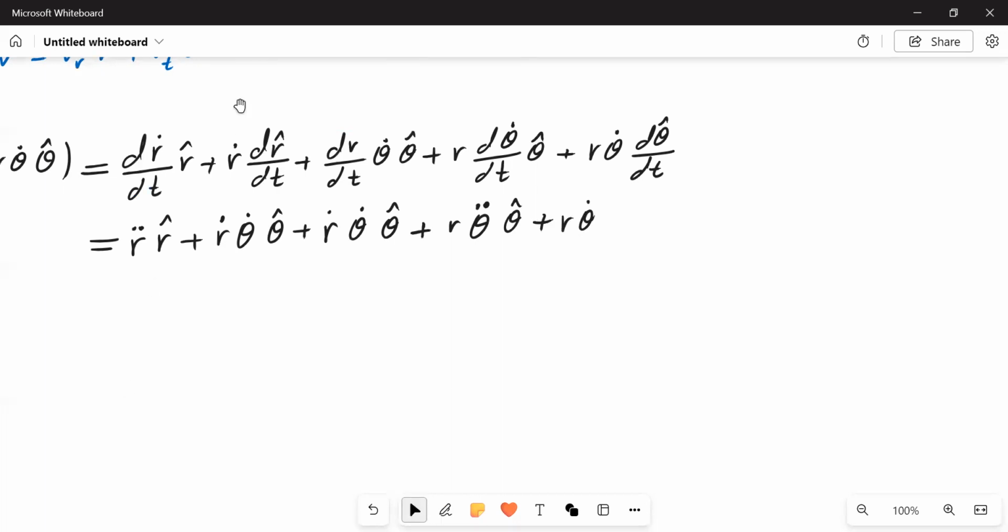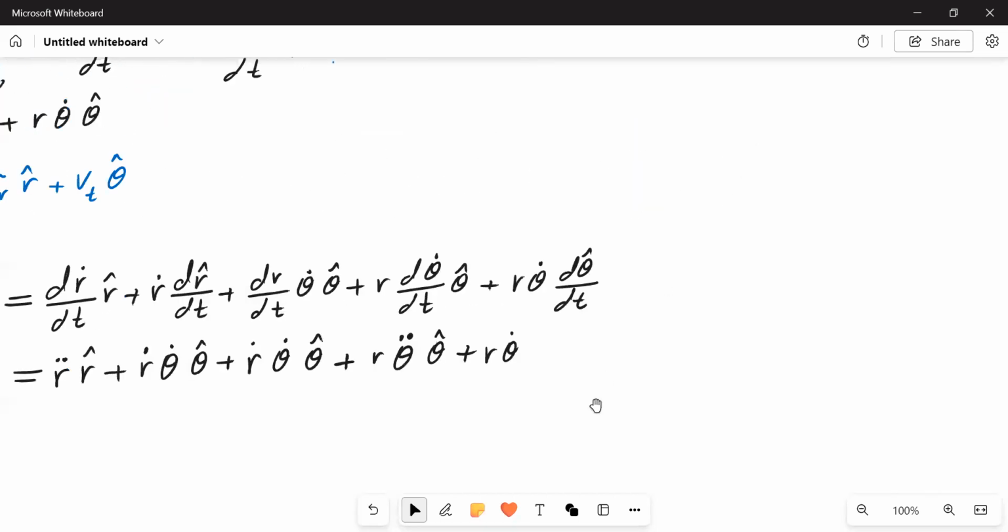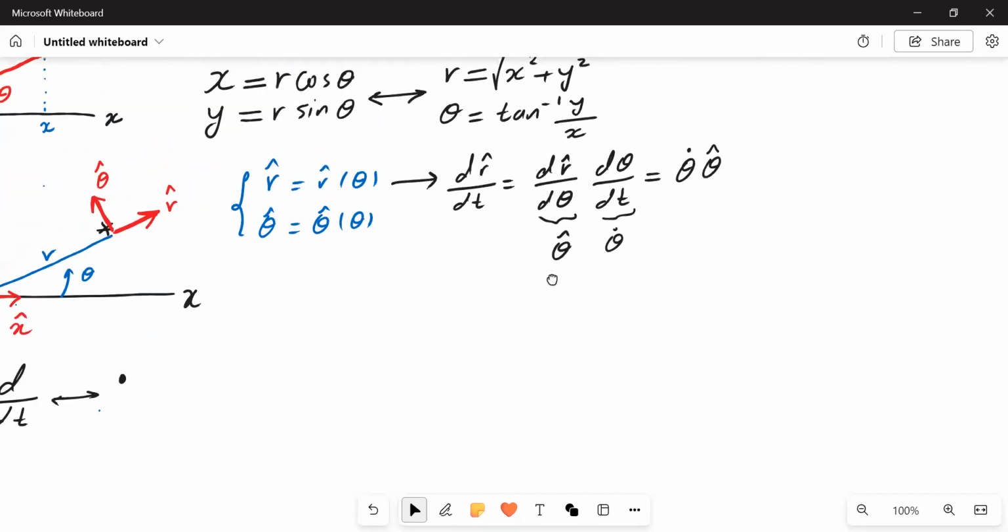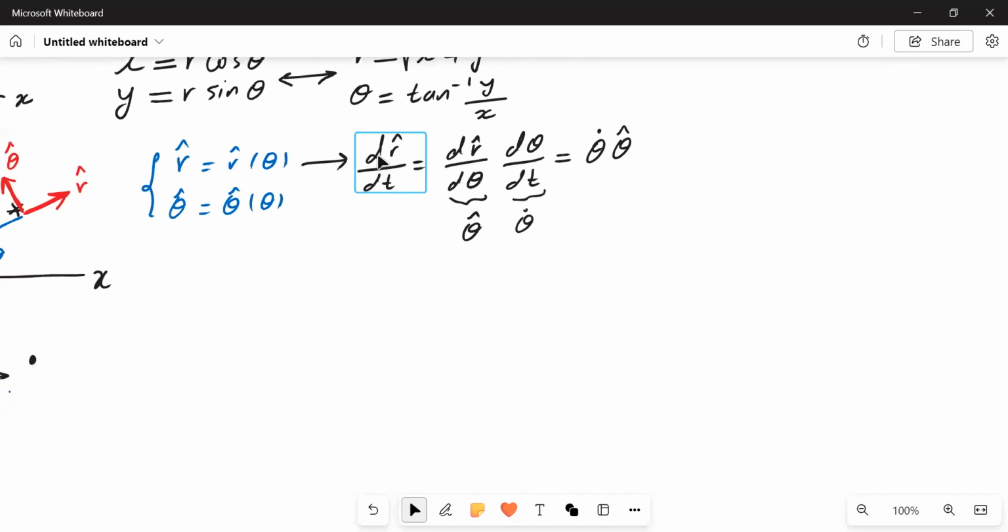But what is the time derivative of the polar unit vector? Again, just like the case we worked out for the derivative of the radial unit vector, for the polar unit vector, we'll look at the same procedure. So we have d theta hat d theta.